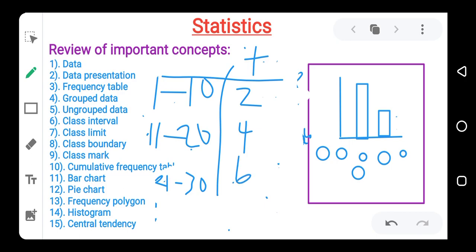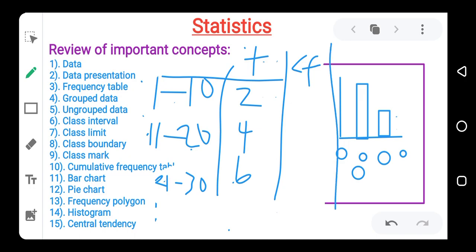Now, the cumulative frequency for the first one, there's nothing coming before it. So the cumulative frequency, CF, is the frequency of any of the intervals plus the frequency of the one that is coming before it. So for the first one, there's nothing coming before it, so we take the cumulative frequency as the frequency of the first interval, which is 2.